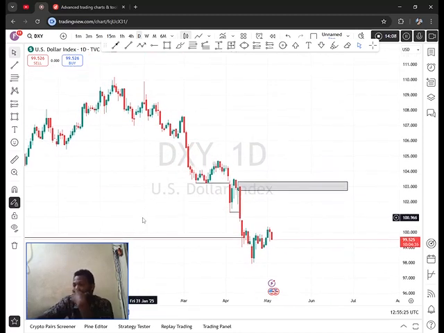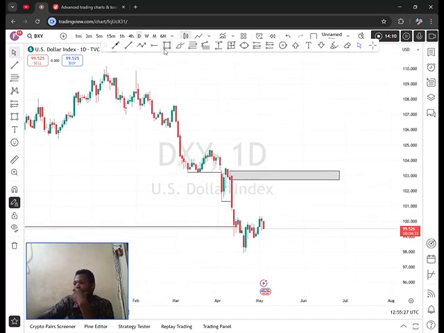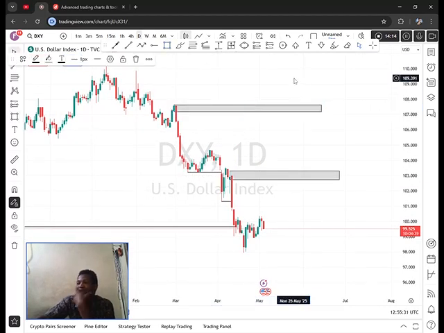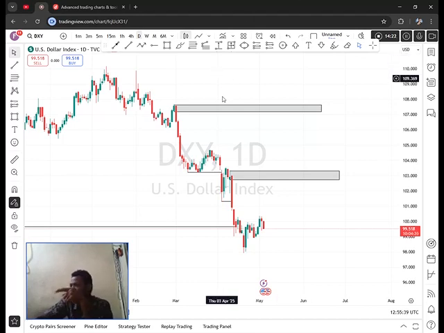So on the daily time frame, this is an order block here. The last buy candle before the drastic sell, or the last sell candle before the drastic buy. So this is a bearish order block. It's just like a bearish engulfing candlestick and a bullish engulfing candlestick.